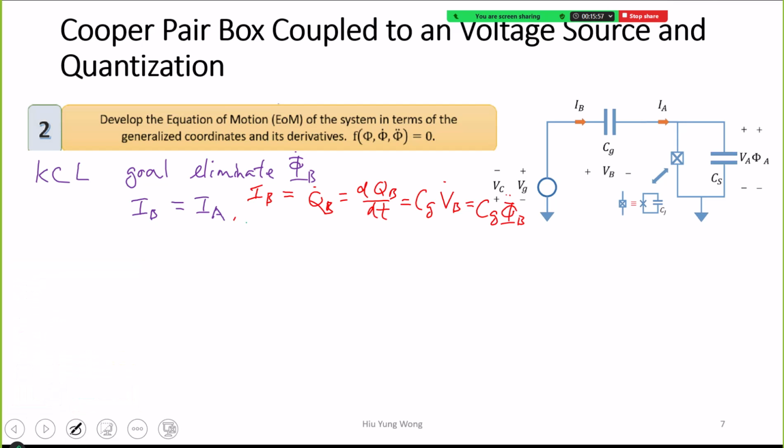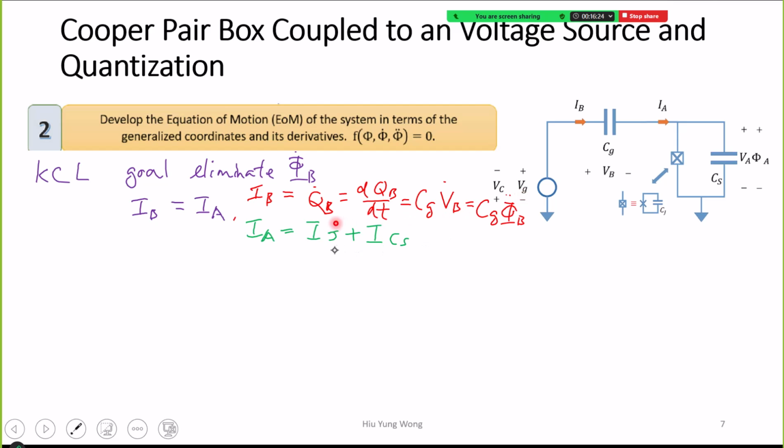Then how about I_A? What is the current through A? It equals the current through the junction plus the current through the capacitor C_S. So I_A equals this plus this. Make sense? Now, you need to be careful.